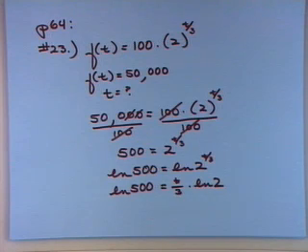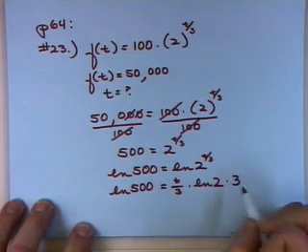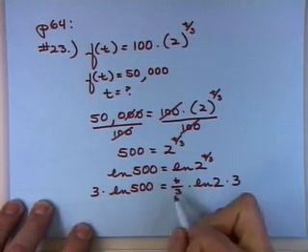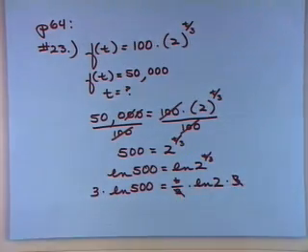We want to isolate the term now that has T in it. So it looks like we need to, what? Multiply by 3. And divide by the natural log of 2.